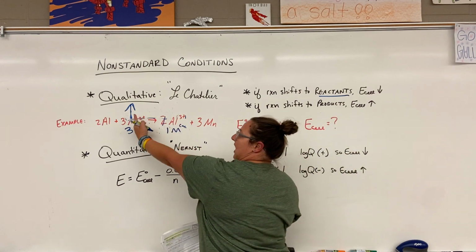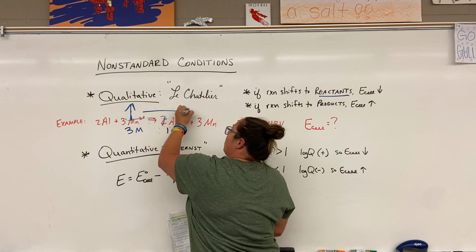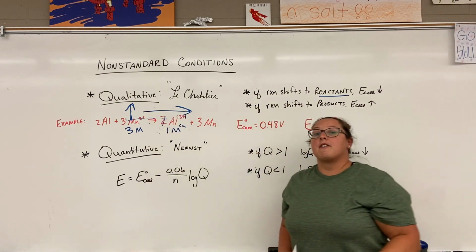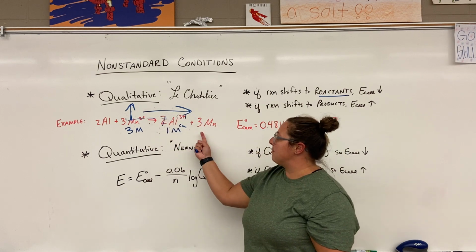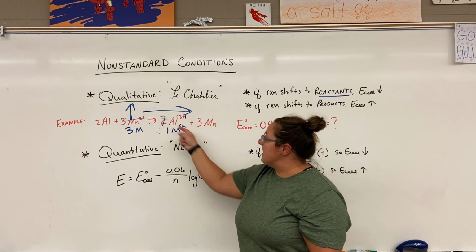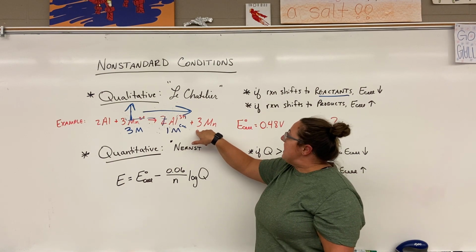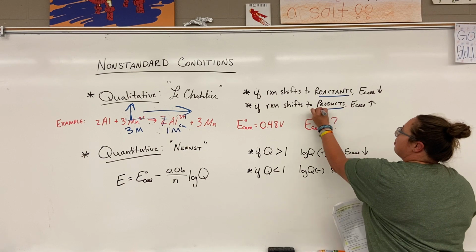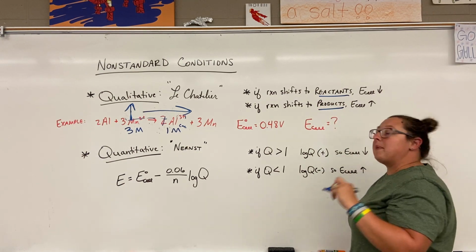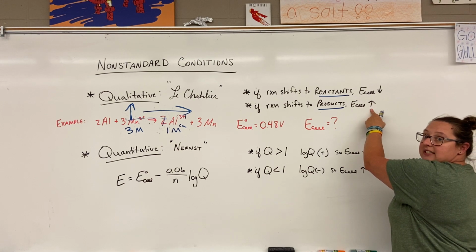Because this is the stress and I am increasing that, I want to shift away from the increase. And if I am shifting away from the increase, in this case, it's going towards the products. If my reaction shift goes towards my products, that means that my Ecell value will increase.